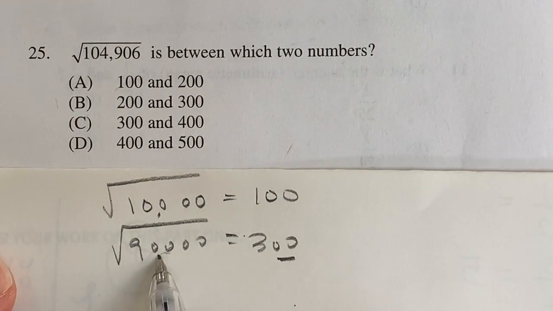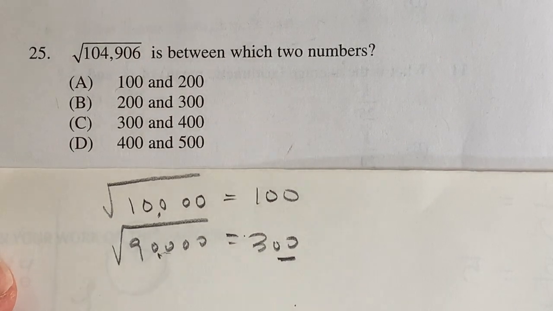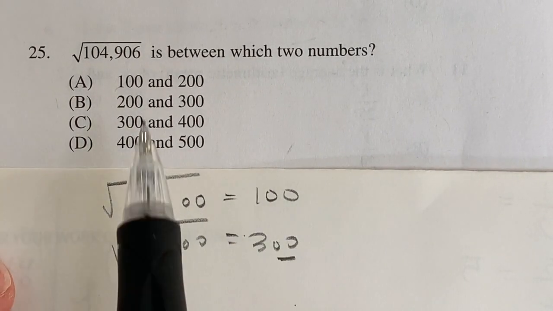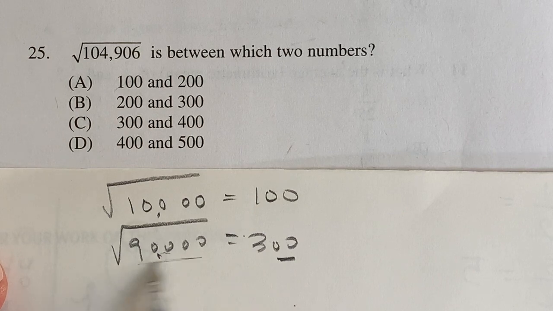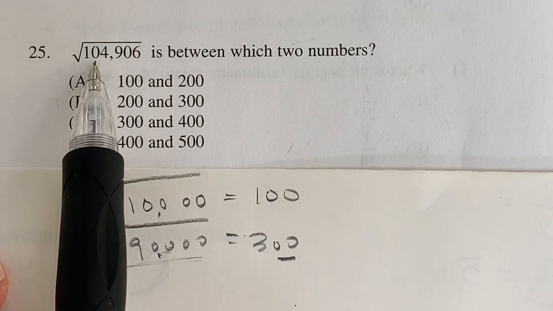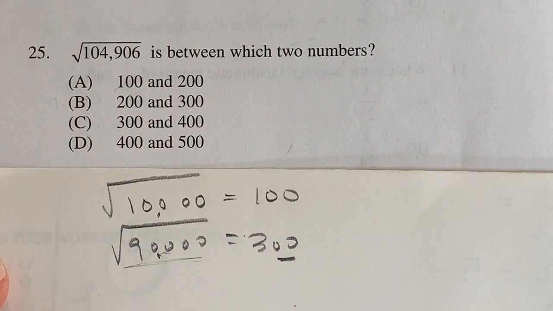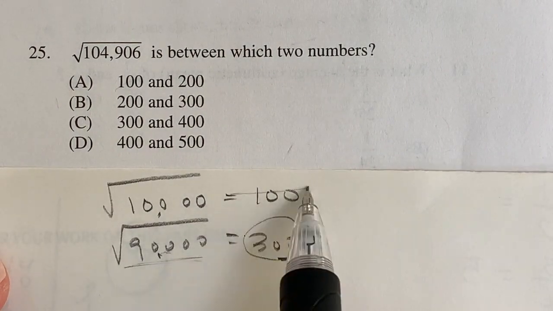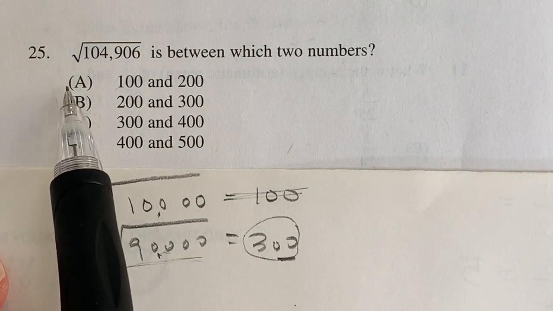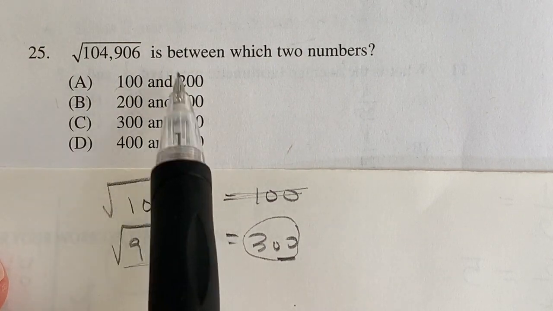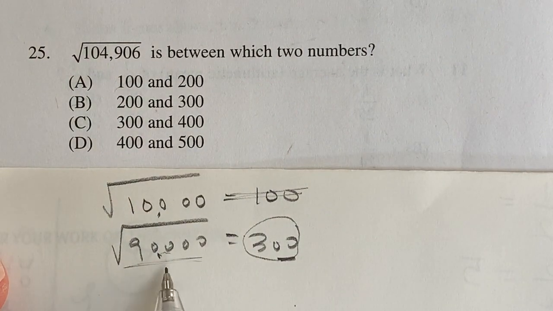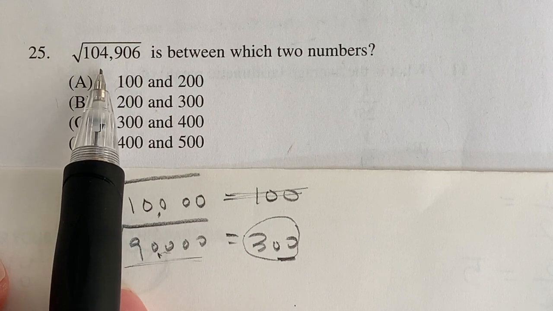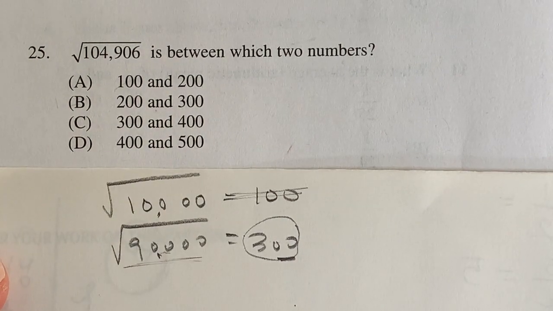So this would be 90,000. So here I know that 90,000 is still less than 104,000, which means that this seems to be much closer than 100. So I'm gonna remove 100 and remove 200 because 90,000 is still less than 104, and I'm gonna try 400.